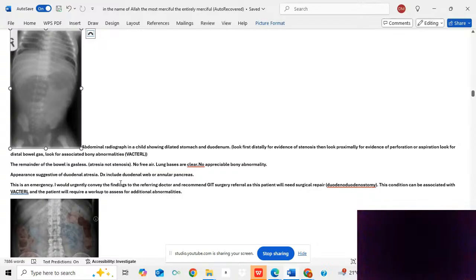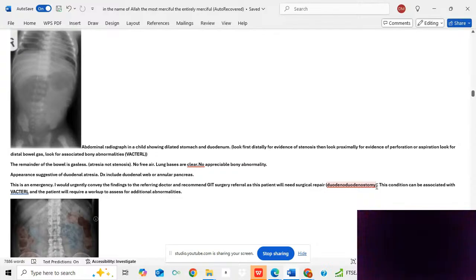I will urgently convey the findings to the referring physician and recommend GIT surgery referral, as this patient will need surgical repair called duodenostomy, which means surgical excision of the duodenal atretic part and anastomosis between the healthy duodenal parts.